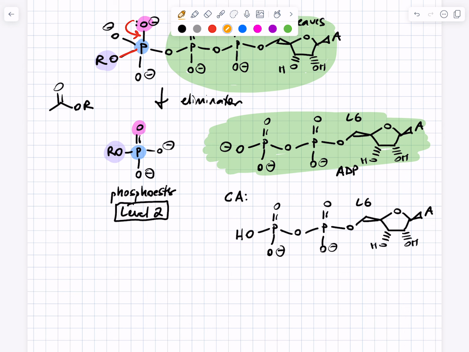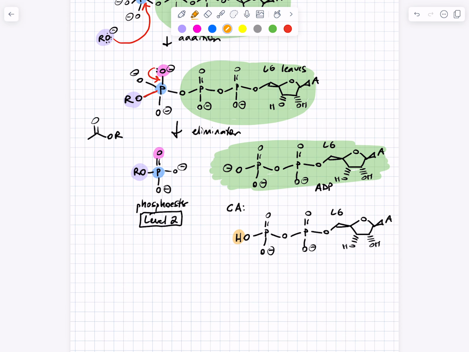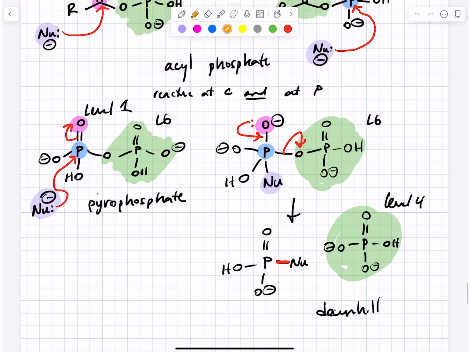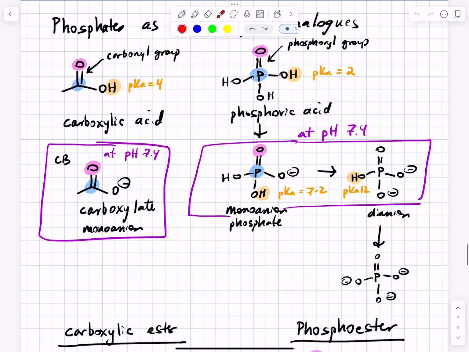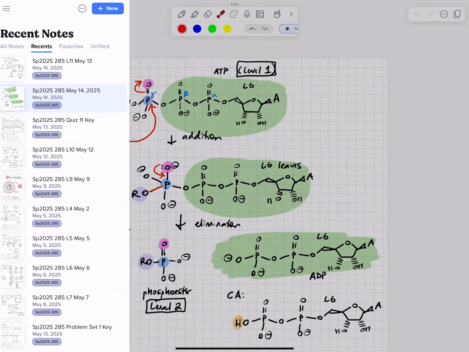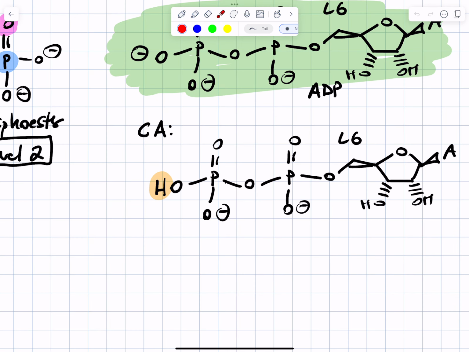What is the pKa of that hydrogen? If we look it up, if it were an alcohol, it would be 16, but the number we're looking for is for some kind of phosphate group. We want to know the pKa of a monoanion, which is around 7. You could say, well, there's another negative charge there, and you'd be right, but I'm just focusing on this group.